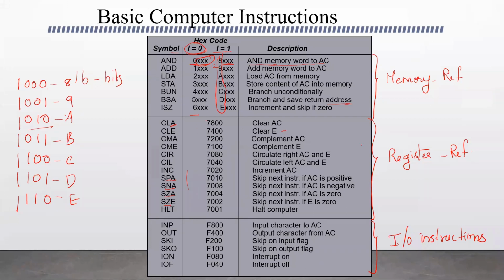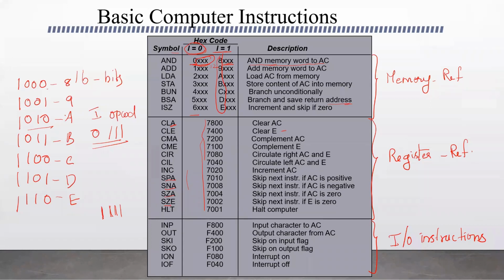And for register reference instructions, what is the opcode? The opcode will be 111, and I would always be 0 for register reference instructions. So it is always 7. These 4 bits, 0111, is 7, so the leftmost digit is 7. For IO instructions, the opcode is 111 as well, and I will always be 1.